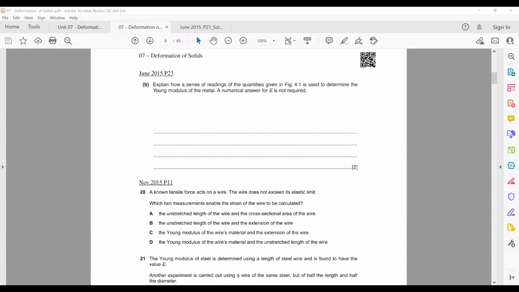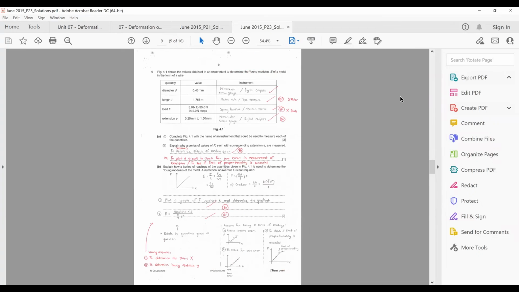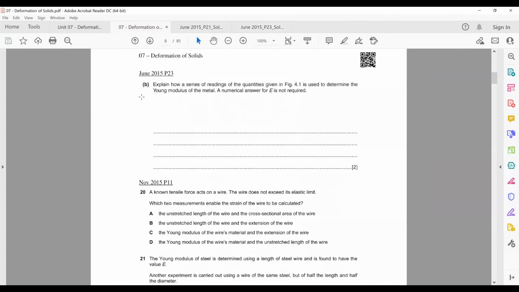June 15 P23 refers to which question? It refers to question 4. My mistake.